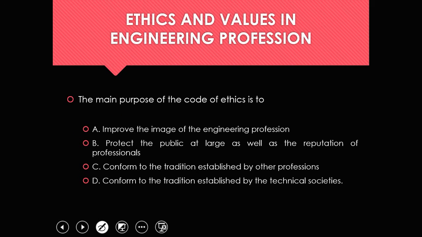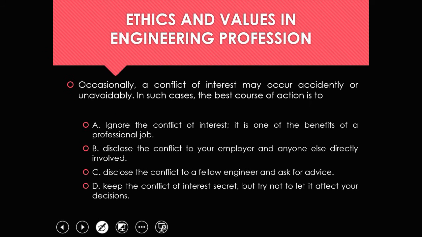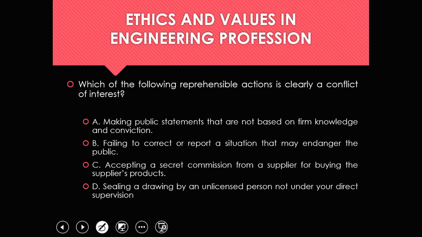The main purpose of the codes of ethics is to improve the image of engineering profession, protect the public at large, as well as the reputation of the professional, conform to traditional established, and most appropriate is B. Occasionally a conflict of interest may occur accidentally or unavoidably. Best would be disclose the conflict to employer and anyone else.